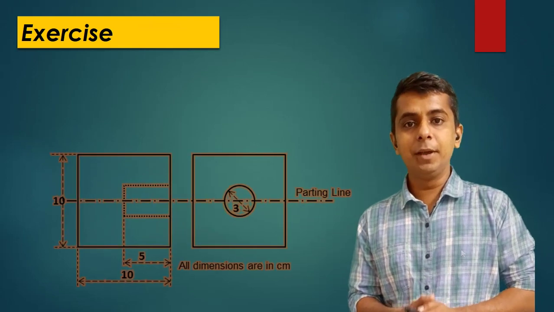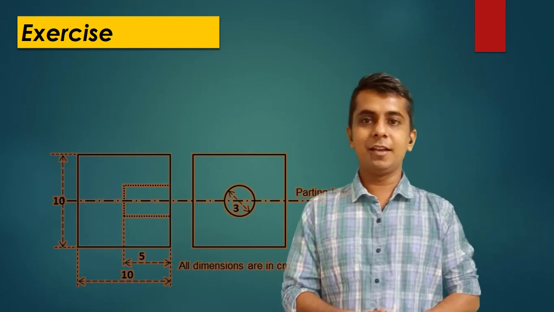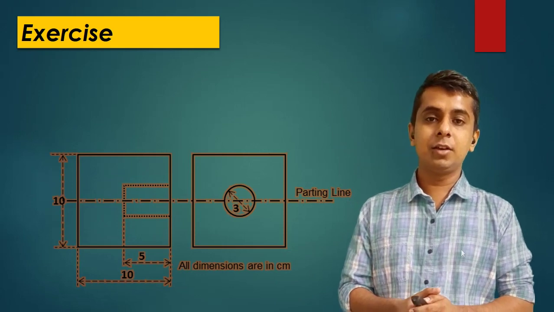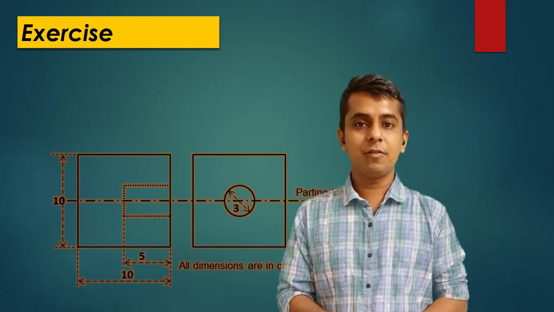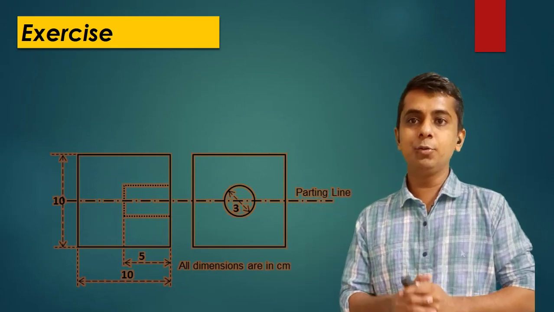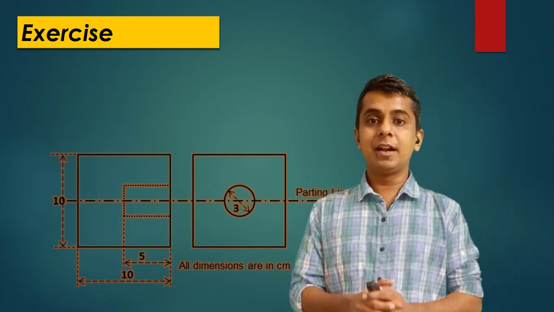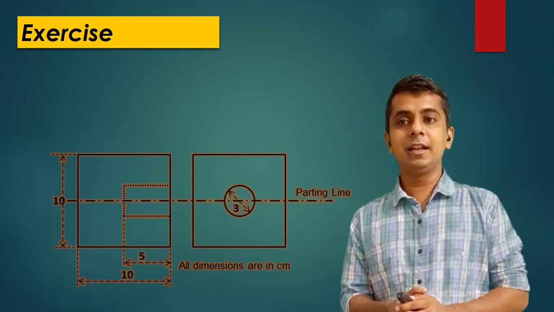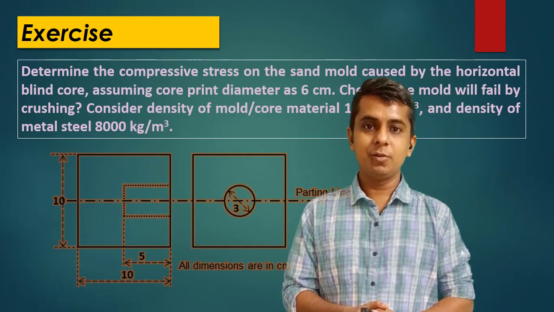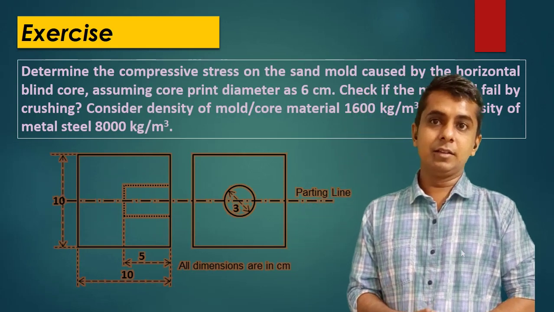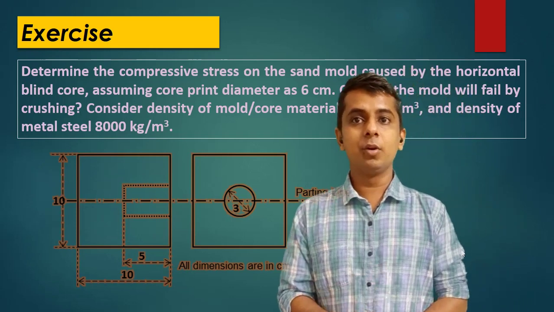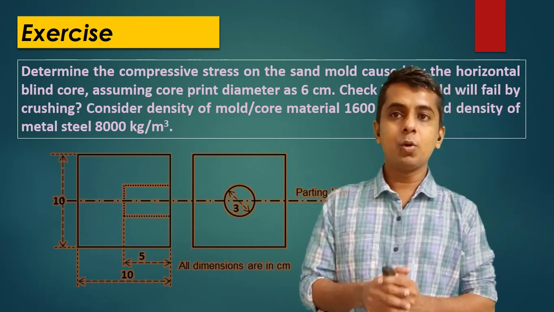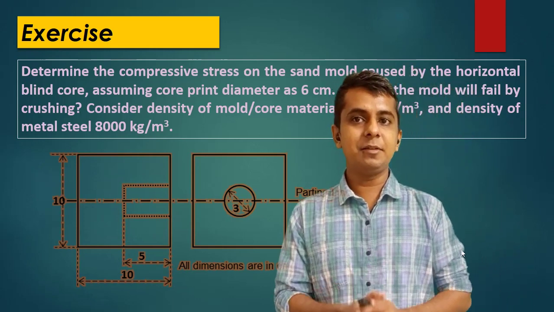Based on this, there is one exercise. You are given a cube casting with a dimension of 10 centimeter, and you need to create a blind hole with a diameter of 3 centimeter and length of 5 centimeter. Determine the compressive stress on the sand mold caused by the horizontal blind core, assuming core print diameter as 6 centimeter.